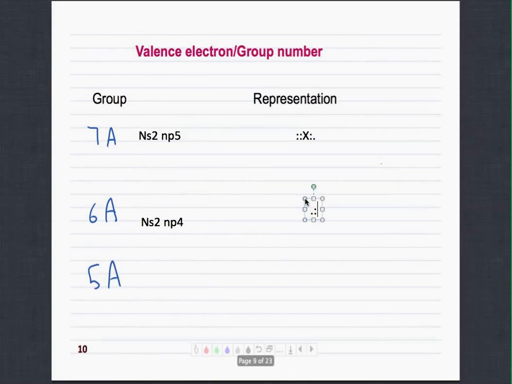So it exactly represents the valence electronic configuration. 2 unpaired, 2 paired, and 2 unpaired. Those two, we call them lone pairs of electrons. So from now on, when I tell you there are 2 lone pairs or 3 lone pairs, the 7A has 1, 2, 3 lone pairs. So we call those lone pairs.